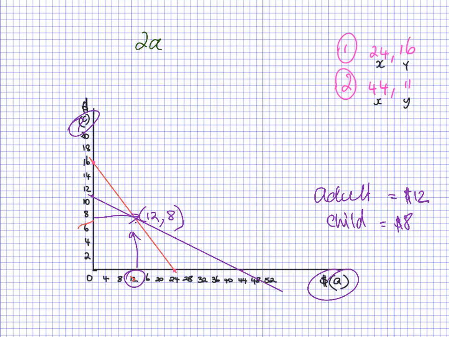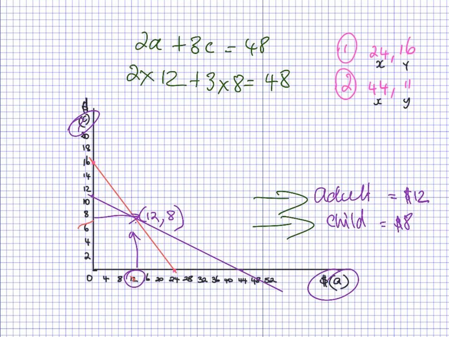The equation was 2A plus 3C equals 48. Now if we substitute the information, 2 times 12 plus 3 times 8, you will indeed get 48, because this is 24 and this is 24, so it equals 48.